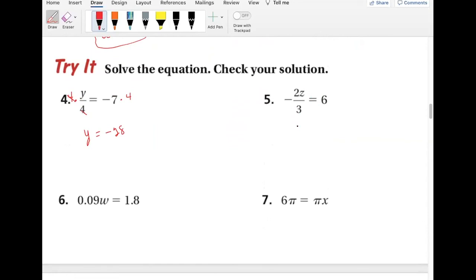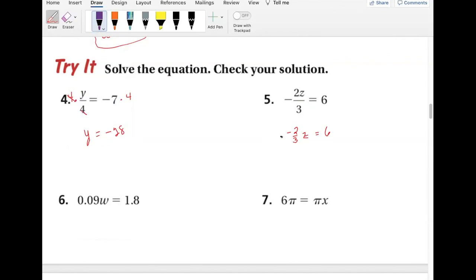This one here, I'm going to rewrite it for you in a slightly different way: -2/3 z equals 6. That is a fraction there, and we can use that reciprocal to cancel.